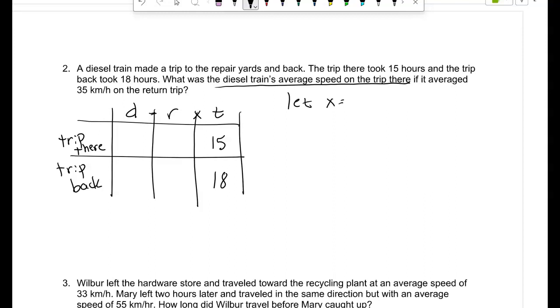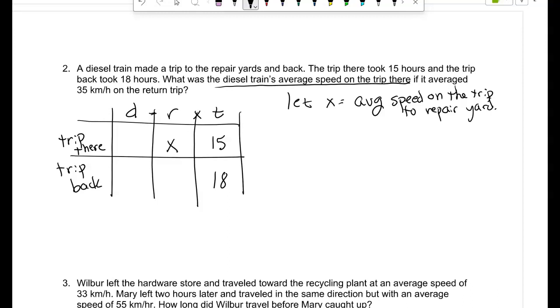Guess what I'm going to let my variable be? The average speed on the trip there. So this would be the average speed on the trip to the repair yard. This is so exact, it's beautiful. Okay, so where do I put that x?